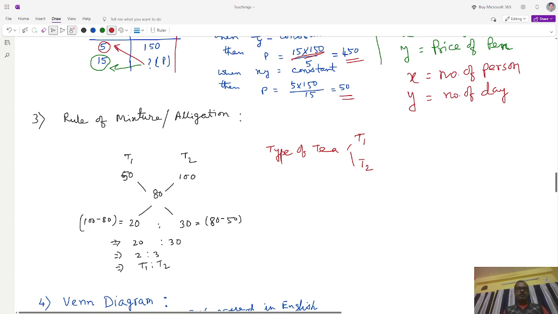A shopkeeper mixed these two types of tea and wished to make it rupees 80 per 100 gram. Then in what ratio will he mix these two types of tea? We can find it easily by the alligation method.